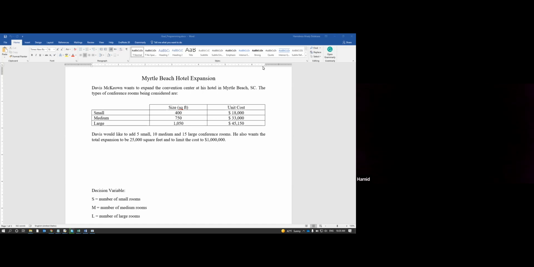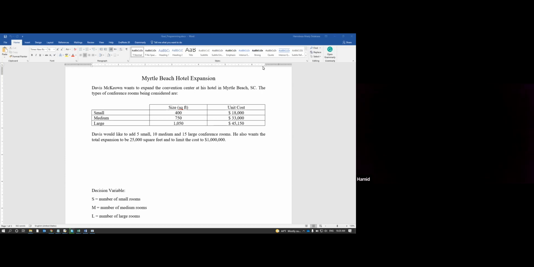Let's look at this problem. It's about the Myrtle Beach Hotel expansion. Davis McCune wants to expand the convention center at his hotel in Myrtle Beach, South Carolina. The types of conference rooms being considered: a small conference room has 400 square feet and a unit cost of $18,000. A medium one has a size of 750 and a unit cost of $33,000.